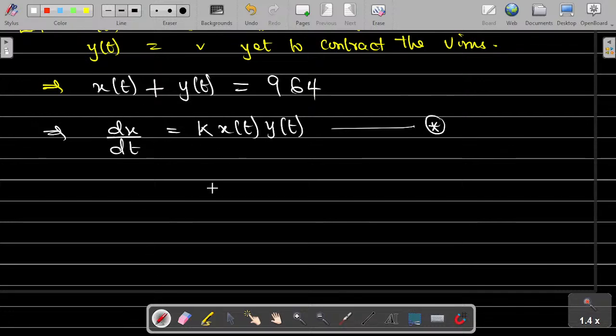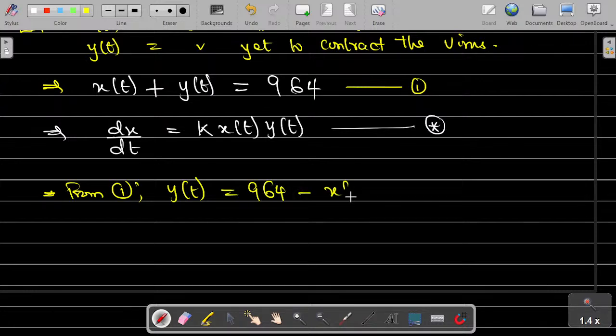So what are we going to do? Before we continue, they said we should eliminate y of t in equation star. How do you do that? Make y of t the subject from this one and then substitute it here. Assume that this is equation 1. From equation 1, our y of t is equal to 964 minus x of t.